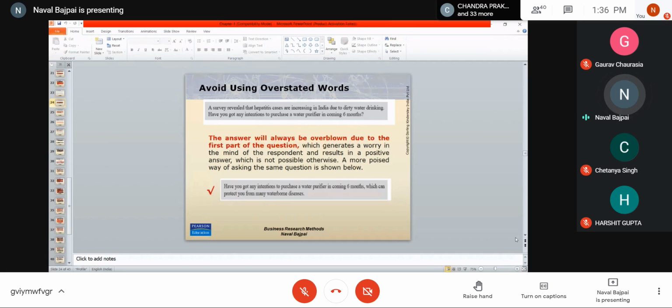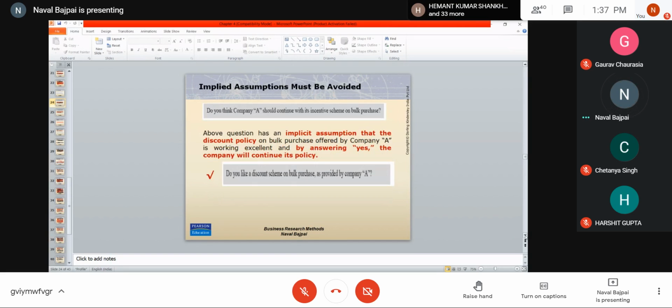Instead of creating fear and obtaining biased responses, I would ask the question in a more poised, more balanced manner: have you got the intention to purchase a water purifier in the coming 6 months, which can protect you from many waterborne diseases? Instead of asking in the first manner, I should ask in the second manner.